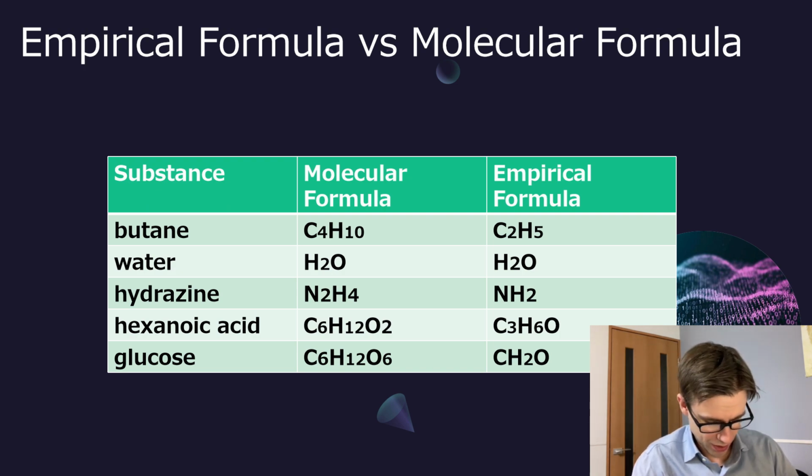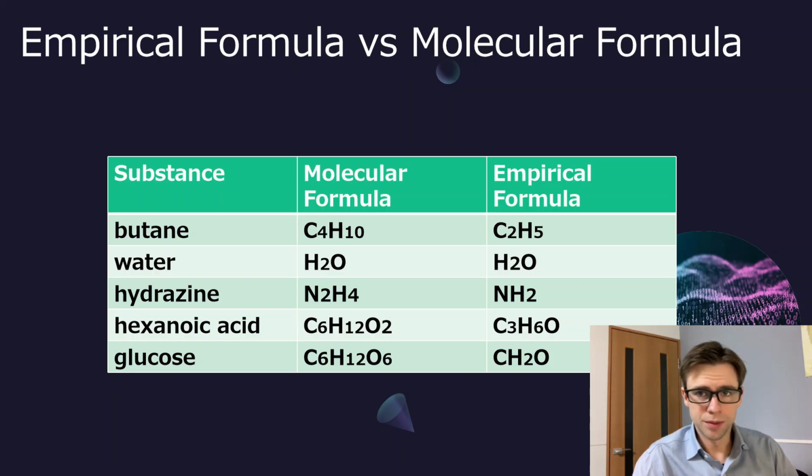Hexanoic acid, we can divide that by 2 to get C3H6O from C6H12O2. Just divide the whole formula by 2. And then glucose, C6H12O6. We can actually divide that whole formula by 6 to get CH2O, the most simplified ratio between those elements.